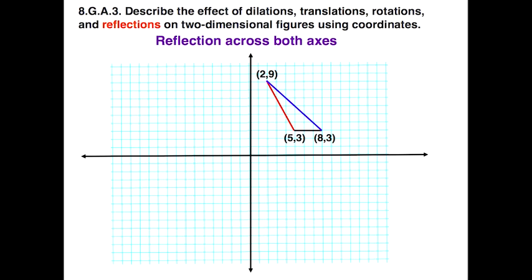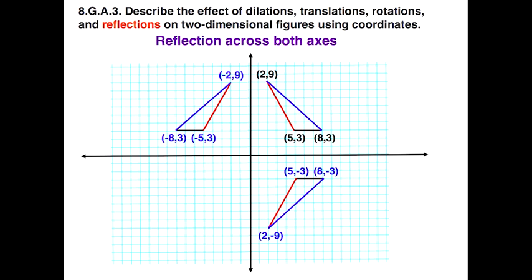What if we take a figure and reflect it across both the x and the y-axis? If we reflected the original triangle across the x-axis and the y-axis, these would be the results. And now, regardless if you take the triangle that was reflected across the x-axis or the y-axis, when we take this vertex and reflect it, here's where we are.